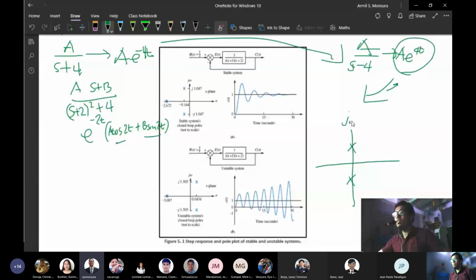This is your J omega axis. Okay. Kung meron kayong pole dyan, tapos ang multiplicity nito 1, okay, you can say that your system is marginally stable. Okay. Pero kung nag-double pole siya at the same position, hindi na stable yan. Okay. So this renders your system to be unstable already. Pagka nag-double pole siya dun sa same position sa J omega axis.